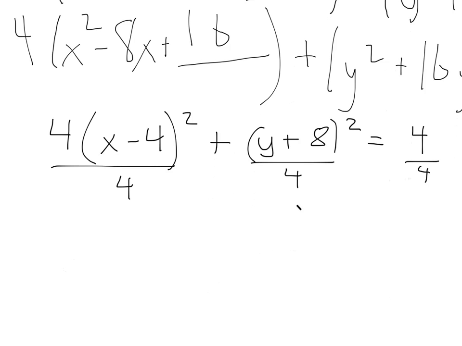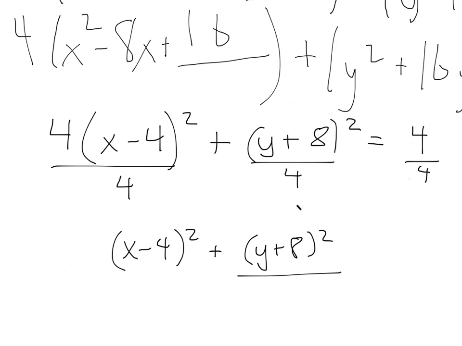So when we do that, this is going to end up being (x minus 4) squared, plus (y plus 8) squared over 4, equals 1. This is going to be over 1.